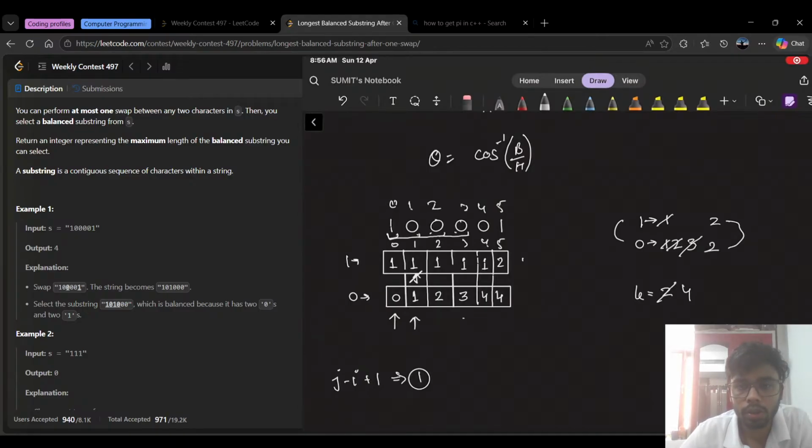If s of i equals to 1, ones plus plus will be there. Here is the mistake. Zeros of i plus 1.